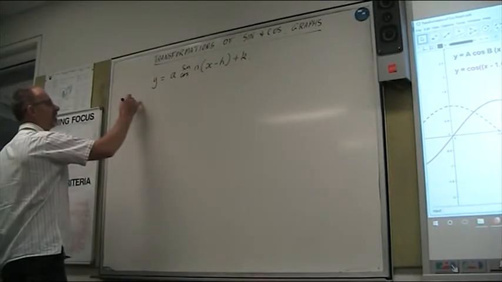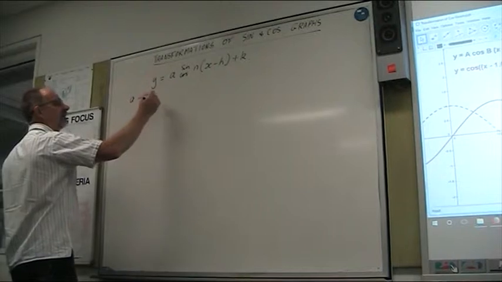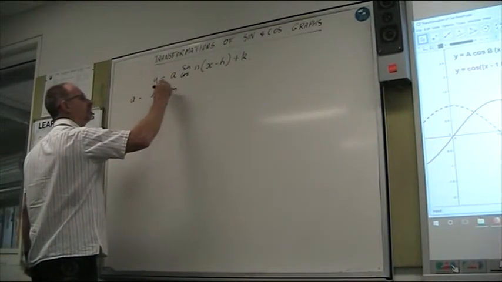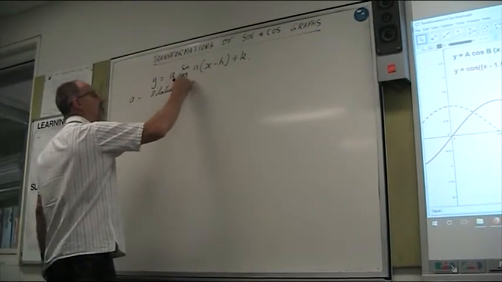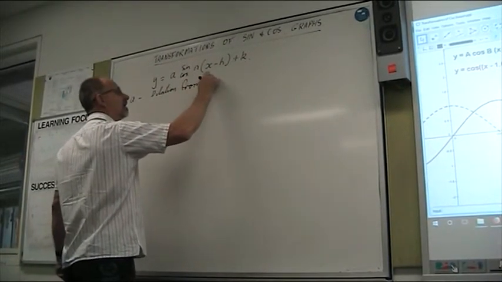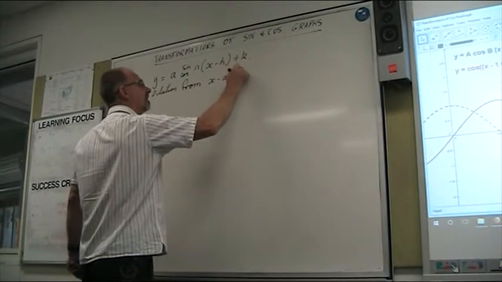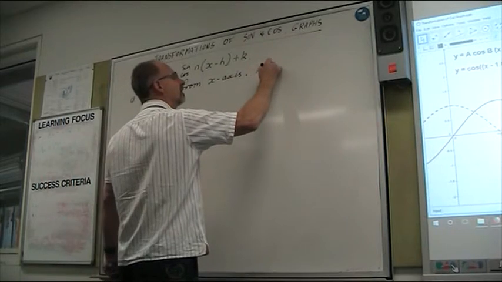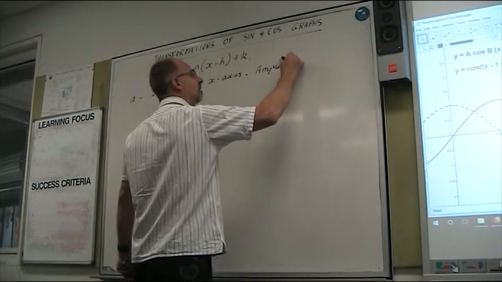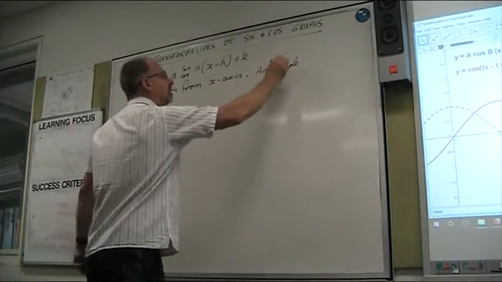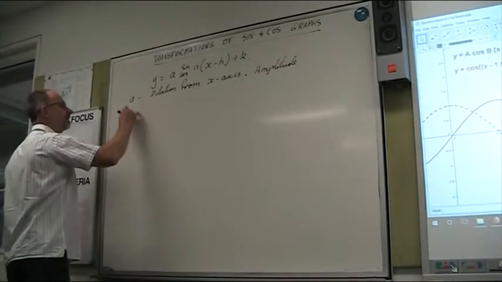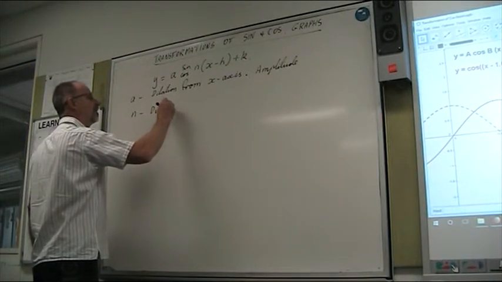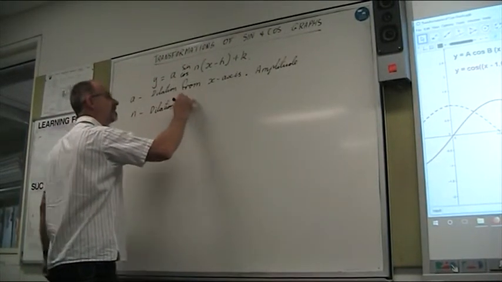And from what we did the other day, the A is a dilation from the x-axis, and we would call that the amplitude. The N we did the other day, that was a dilation from the y-axis.